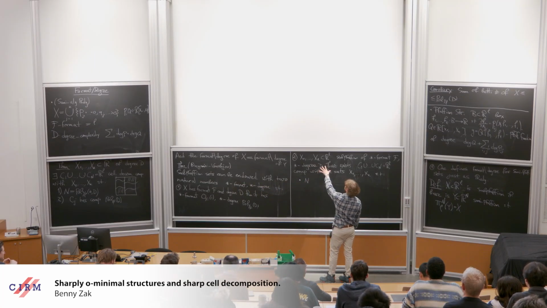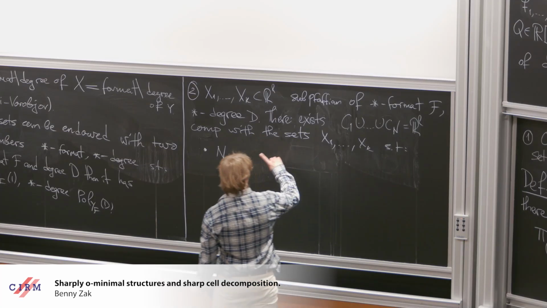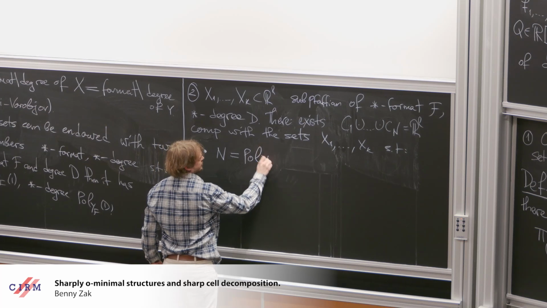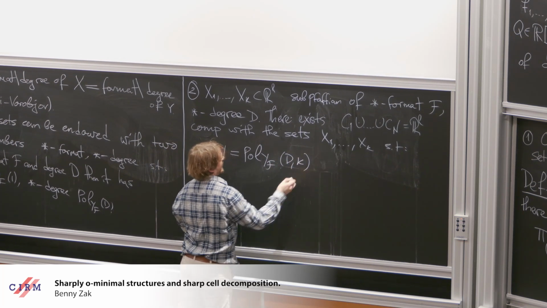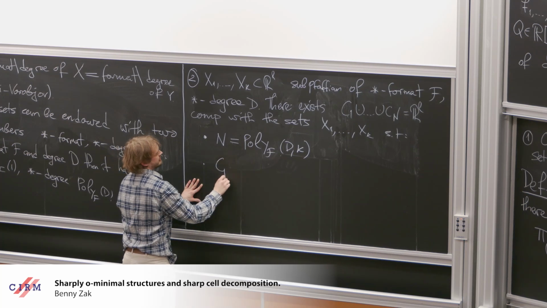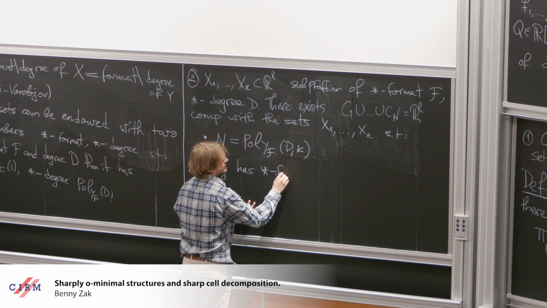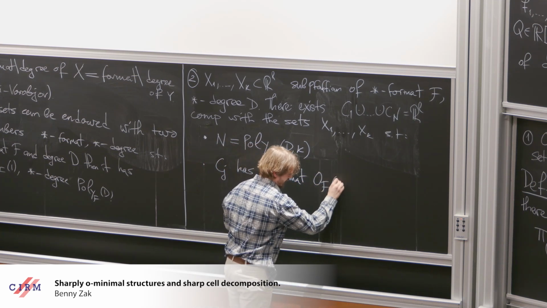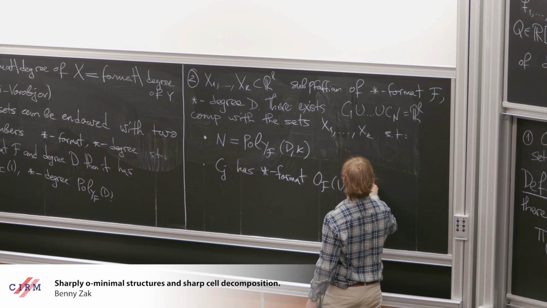We have subpfaffian sets of star format F and star degree D. Then there exists a cellular decomposition with at most poly(F, D)^K cells, and the star format and star degree of the cells is bounded by O_F(1) and star degree poly(D).